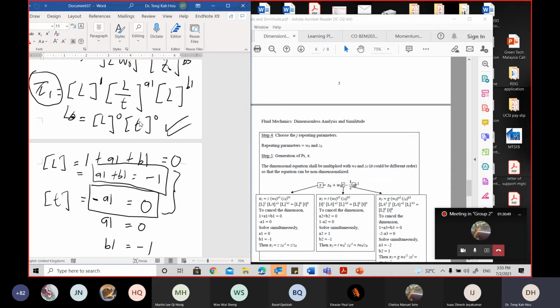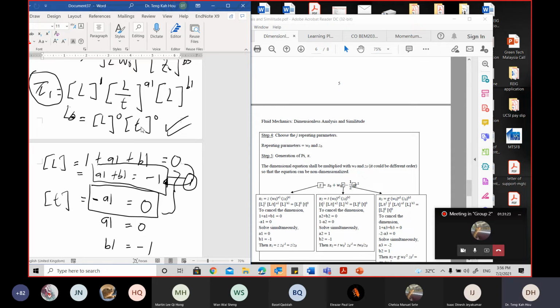To complete my calculation, I put only the L with the power number: 1 plus A1 plus B1 equal to 0. So restructuring, A1 plus B1 equals -1. Because I don't know A1 and I don't know B1, I leave it as equation 1. I need to solve later.